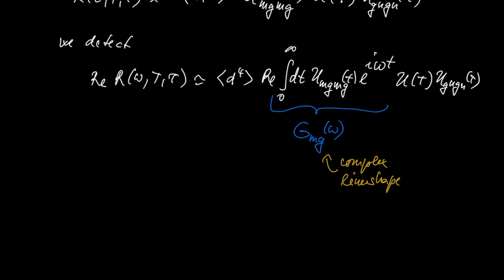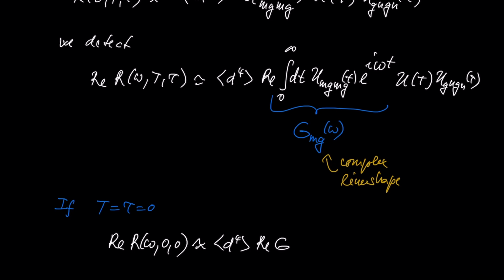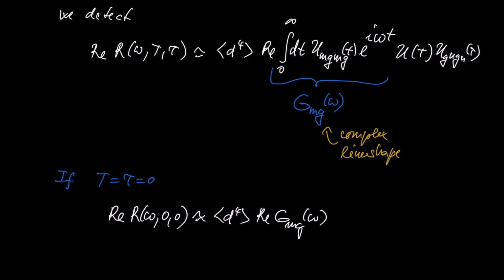So now, assuming that we have capital T and tau equal to 0, then real part of R omega 0, 0 is something like this. Real part of G mg omega. This is the absorption line shape, so this is basically pump probe at t equal 0.